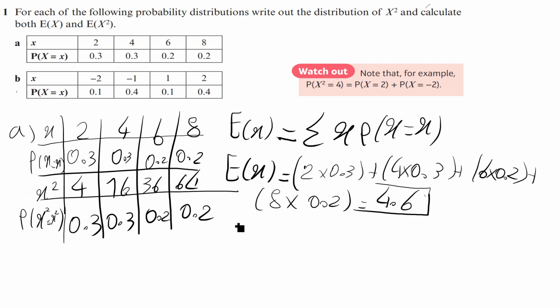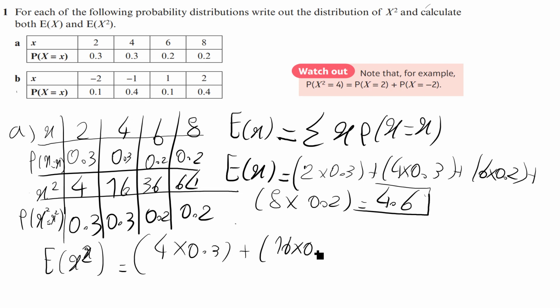And again, let's do it here. For finding E of x squared, we do exactly the same thing. So we are going to use the values of x squared and multiply all of them by their probabilities. For example, 4 times 0.3 plus 16 times 0.3 plus 36 times 0.2.